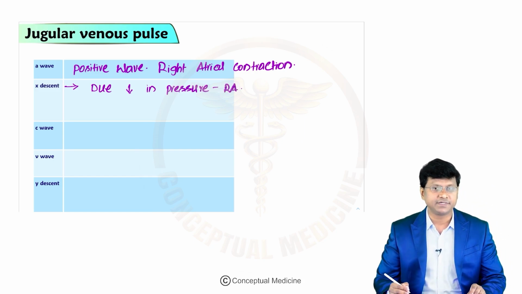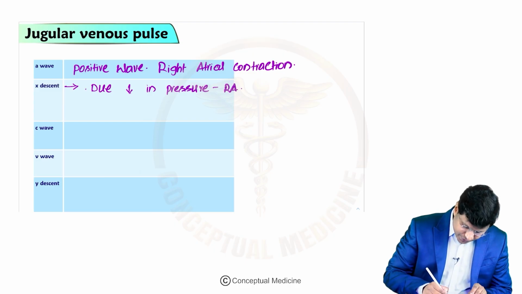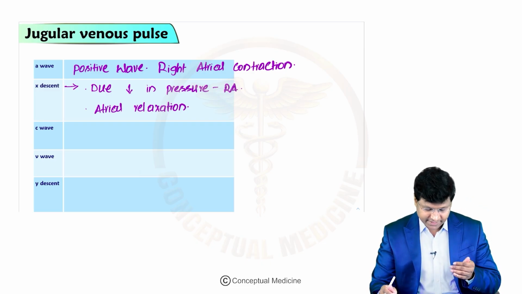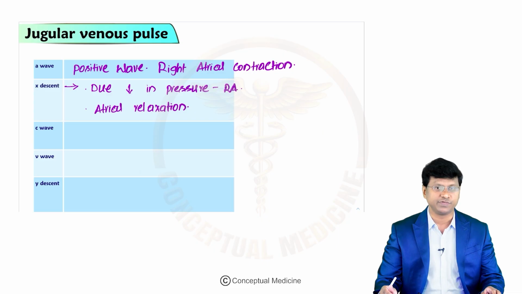And this particular X descent occurs due to atrial relaxation. So whenever the atria is being relaxed, the pressure within the atria reduces, right? And that is why you will have the X wave.